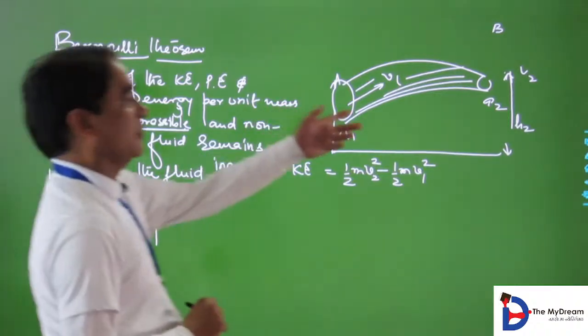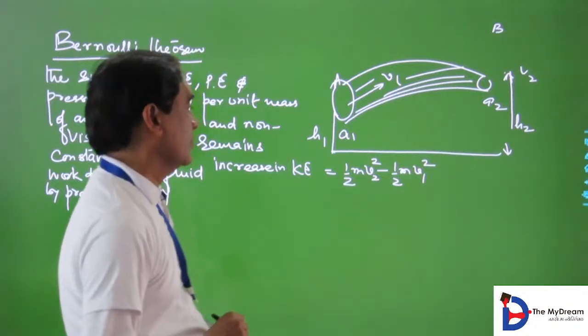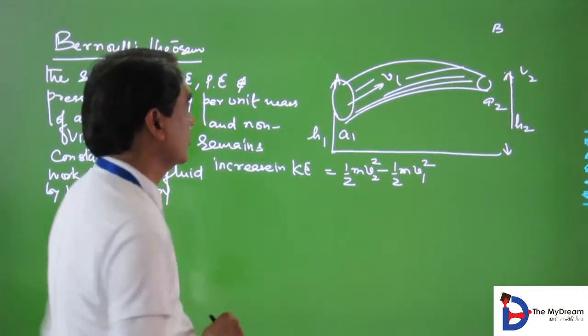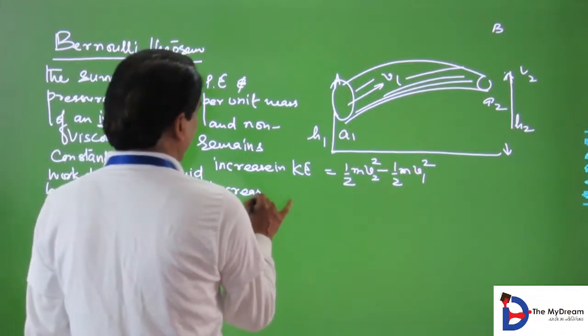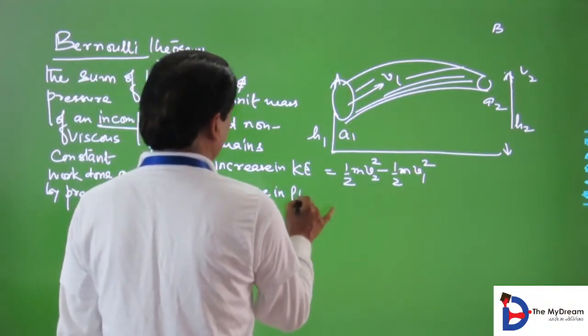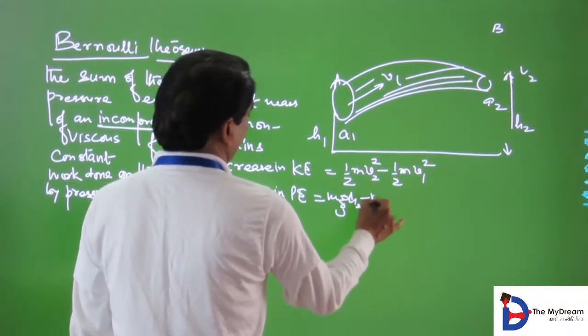Otherwise, you can write the decrease in kinetic energy. The increase in potential energy is m g h2 minus m g h1.